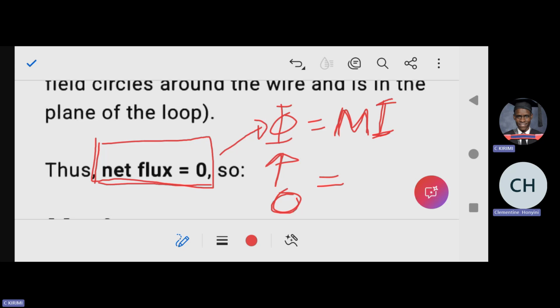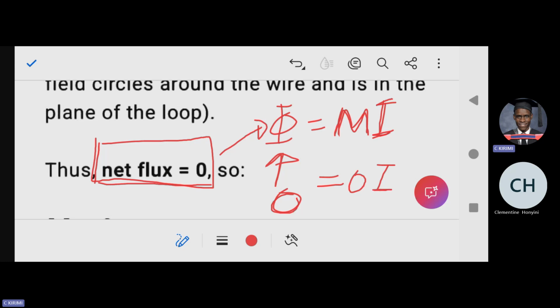M, definitely. I want to multiply numbers M times I and get 0. Which one between M and I should be 0? It has to be M, because current is not 0, so it's going to be 0 times something.